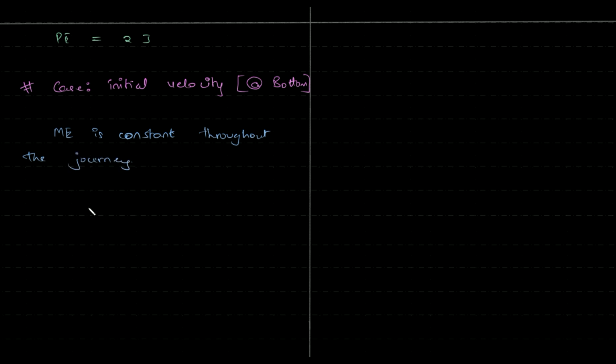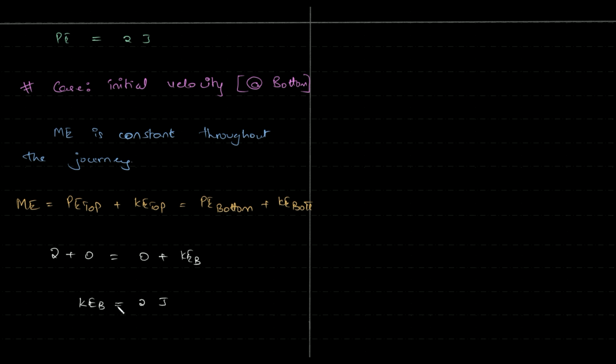Therefore potential energy at the top plus kinetic energy at the top will be equal to potential energy at the bottom plus kinetic energy at the bottom, because all of them are equal to mechanical energy. At the top, potential energy is 2 and the kinetic energy is 0. At the bottom, potential energy is 0, while the kinetic energy is what we have to figure out. So kinetic energy is equal to 2 joules.